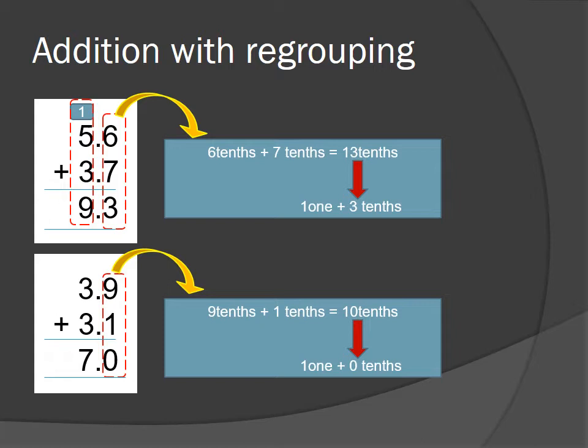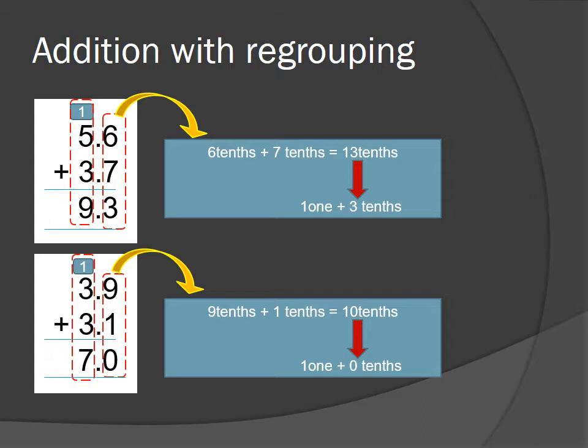So 0 tenths are there, so you can write 0 in the tenths place. Then you mark the 1 in the ones place. Then by adding those three numbers 1, 3 and 3, you get the answer for the ones place. 1 plus 3 plus 3 is equal to 7.